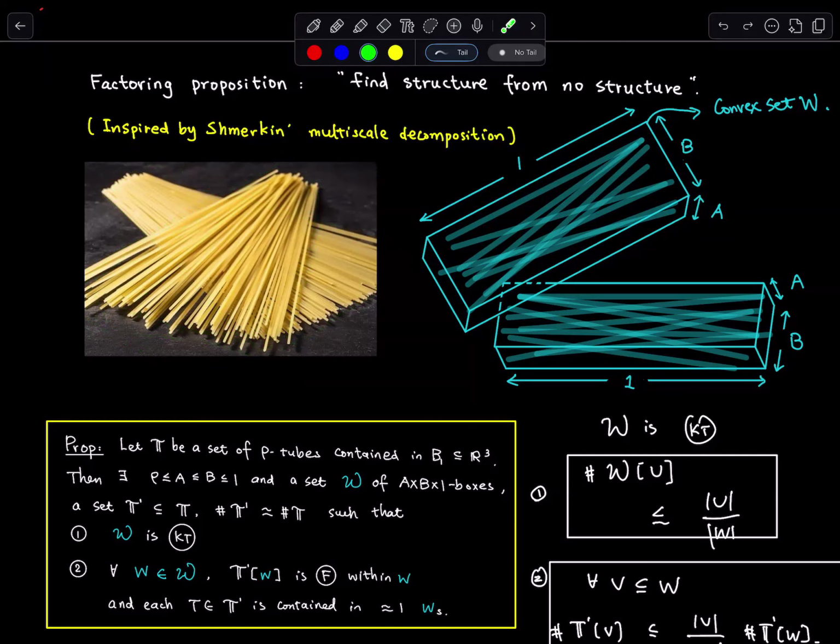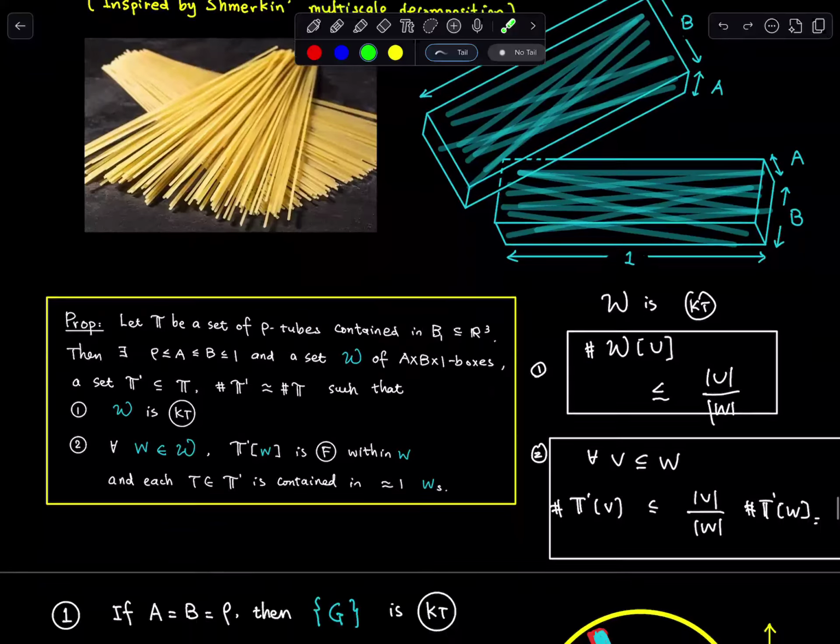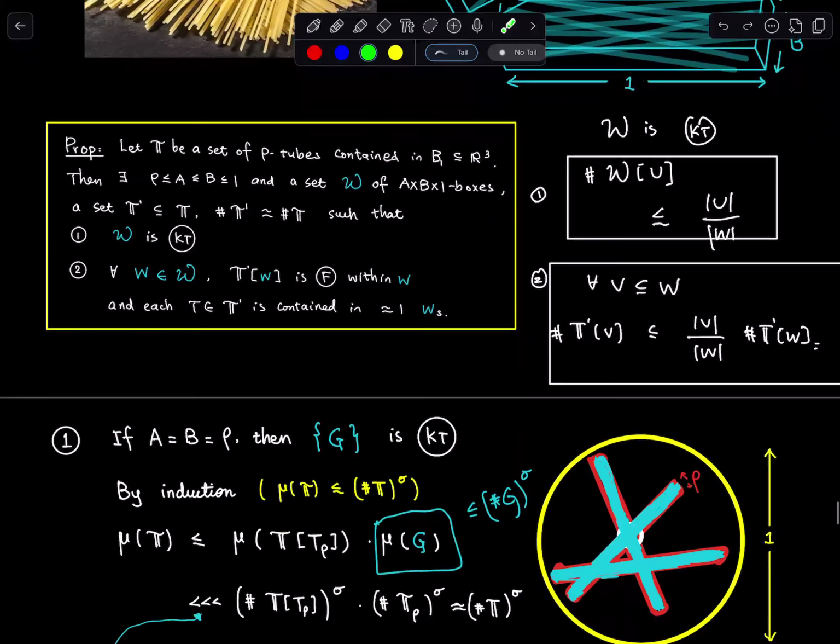And how do we describe it in the proposition? It says the following. For any set of rho tubes contained in the unit ball, there exist two numbers, A and B, greater than rho. So the two parameters A and B are not given, we don't get to choose. A and B are given to us by the set of rho tubes.